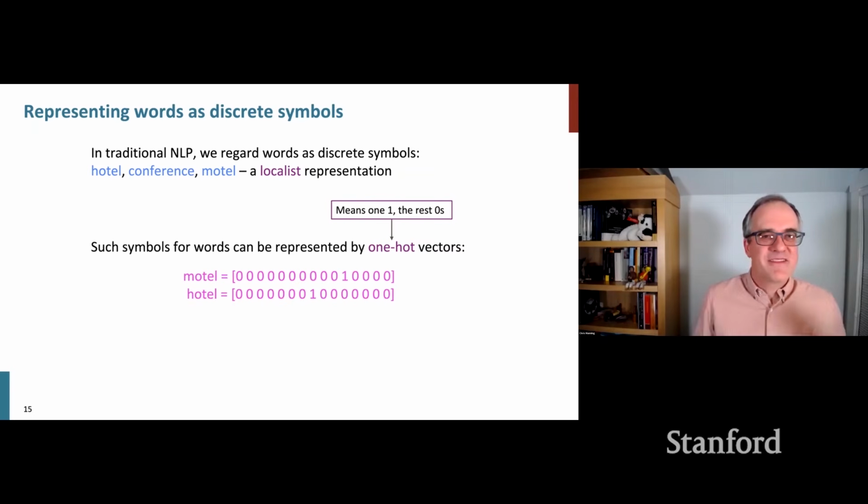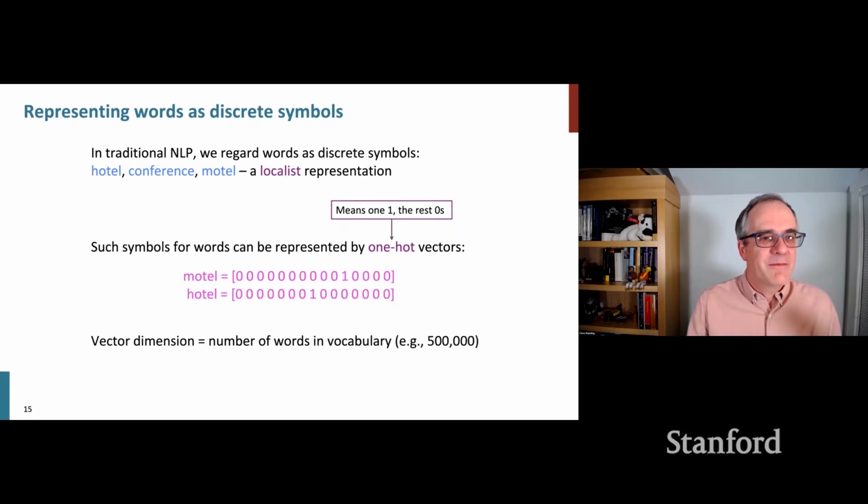So the standard way of representing them, and this is what you do in something like a logistic regression model with words as features, is that you represent them as one hot vectors. So you have a dimension for each different word. So maybe like in my example, here are my representations as vectors for motel and hotel.